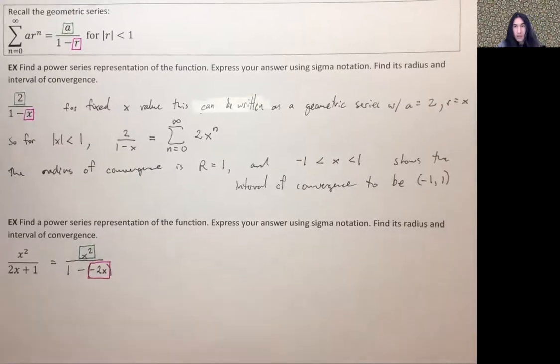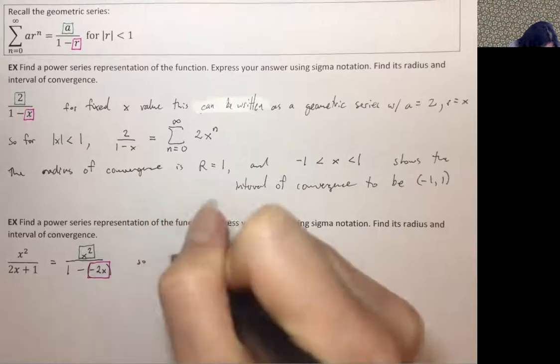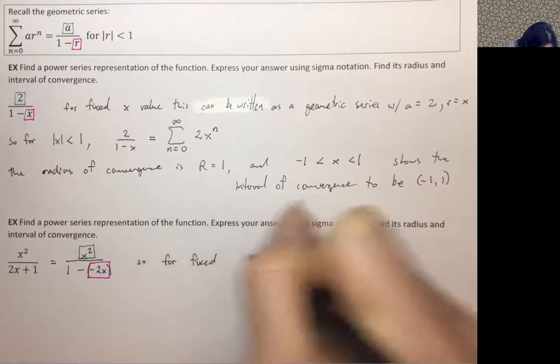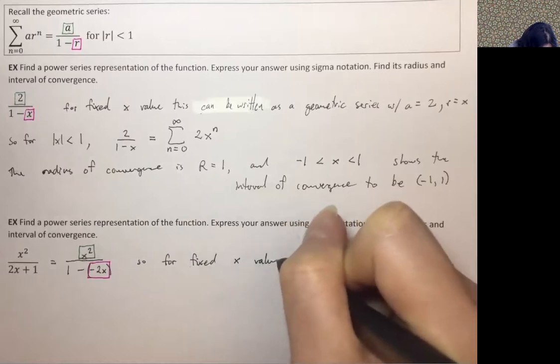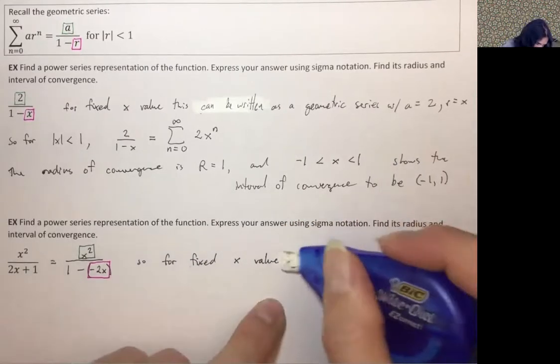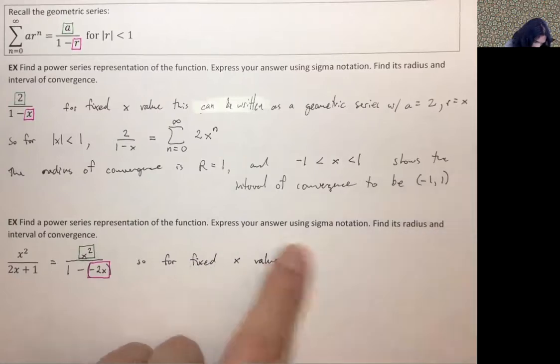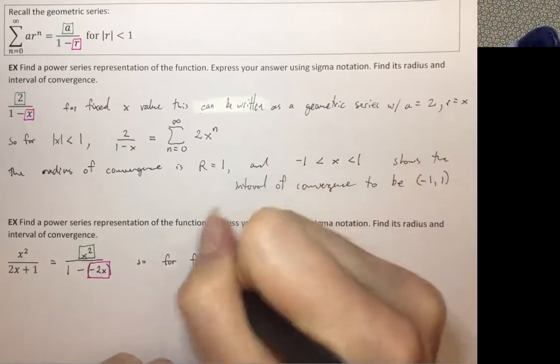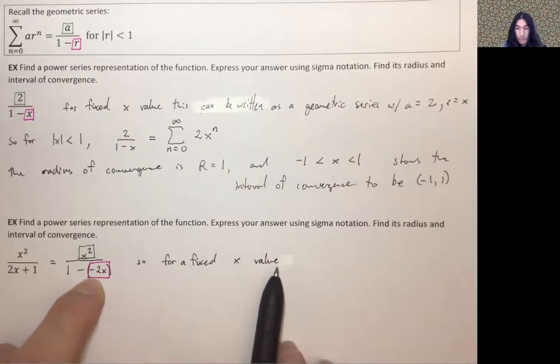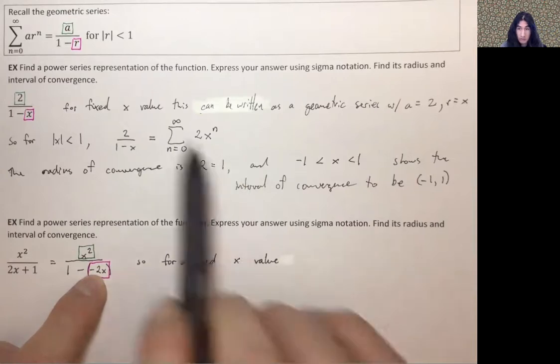Okay, so for a fixed x value, where my R happens to be between minus 1 and 1, right?